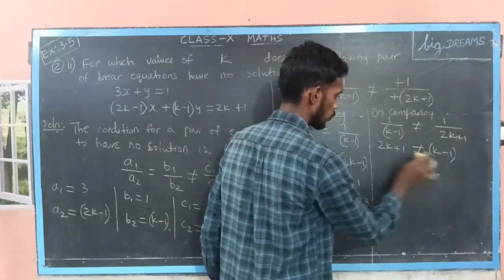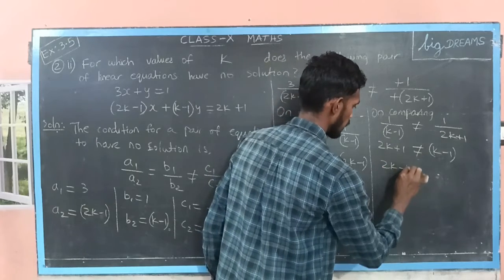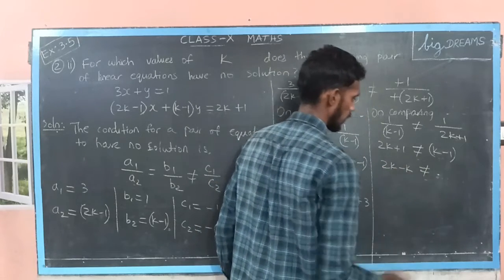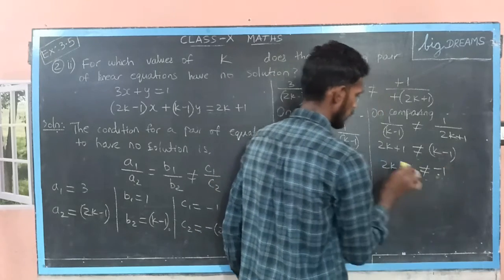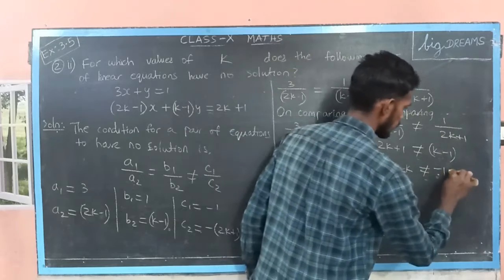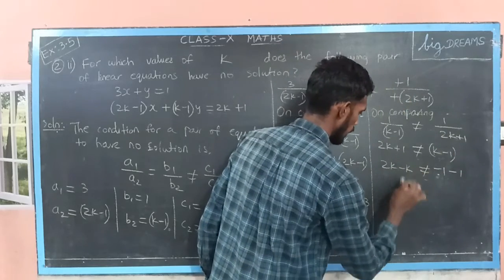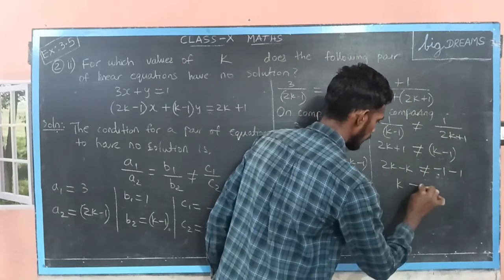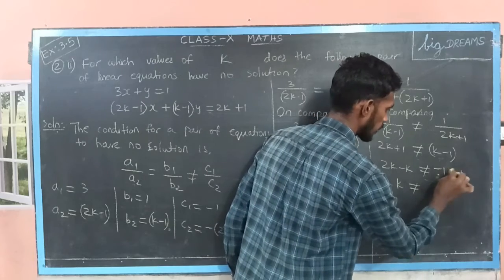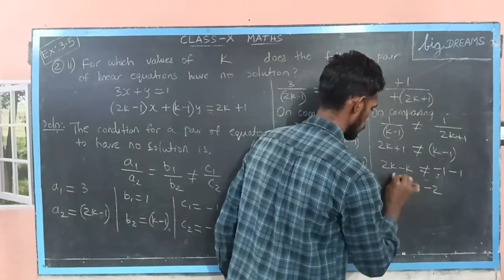Then bring this k to LHS. 2k minus k is not equal to minus 1. Bring this plus 1 to RHS, it becomes minus 1. So 2k minus k gives k. k is not equal to minus 1 minus 1 gives minus 2.